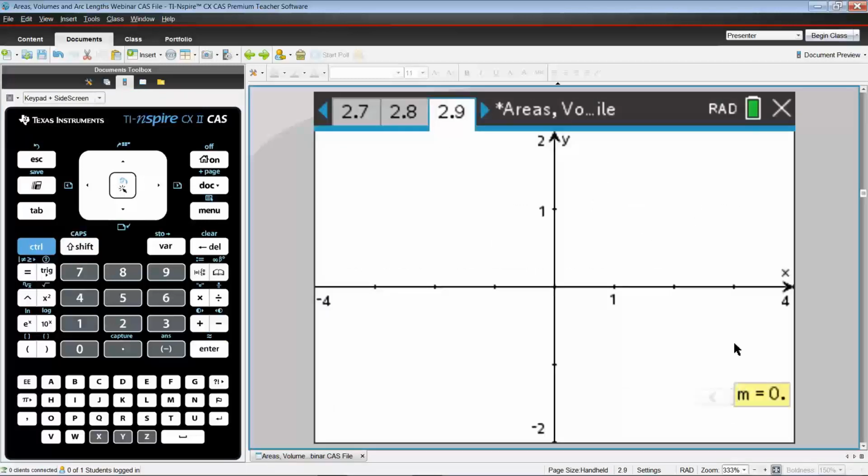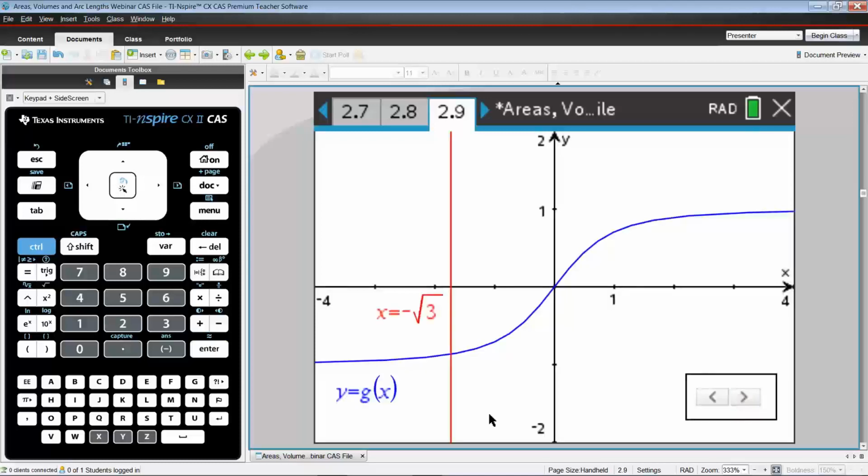Now let's have a look at what this graph looks like. Here's another blank axis. This is what the graph of y equals g of x looks like. x equals negative root 3 is, of course, this vertical line on the left. The region enclosed by x equals negative root 3, the x-axis and g of x has an area of 1.